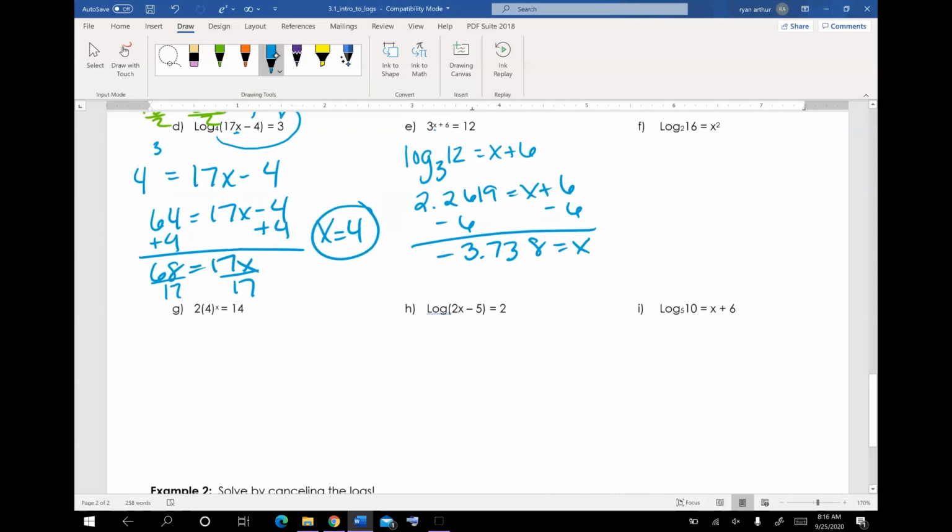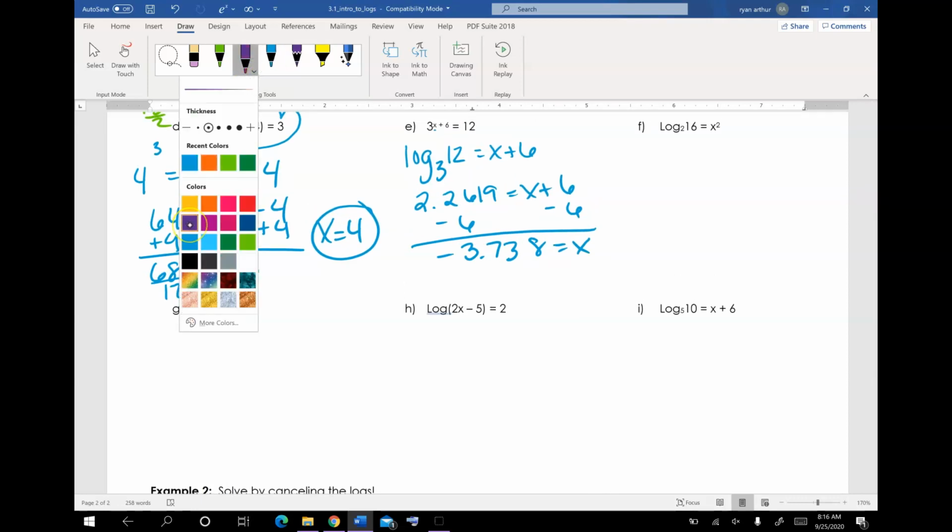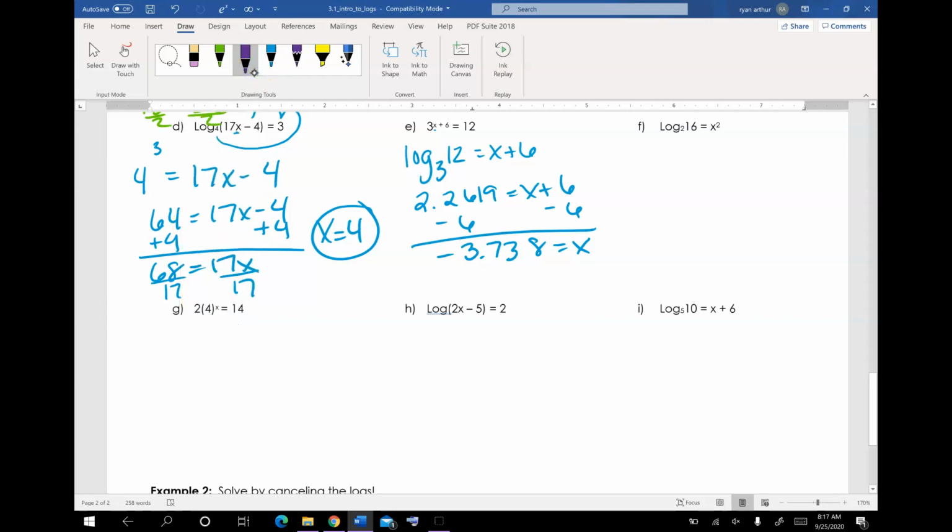All right, let's see if there's any more up here. Yep, there are more. Let's do them. This one, my x is my exponent. Now, we talked about this. Before you can convert, the exponential has to be by itself. So the base and the exponent have to be by themselves. You see this 2 right here? We have to get rid of that 2 by dividing it out.